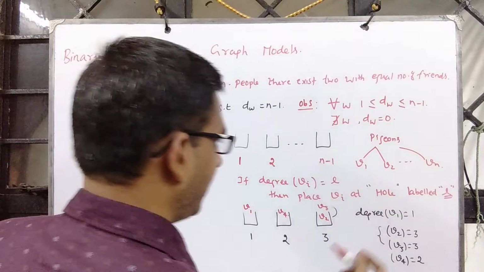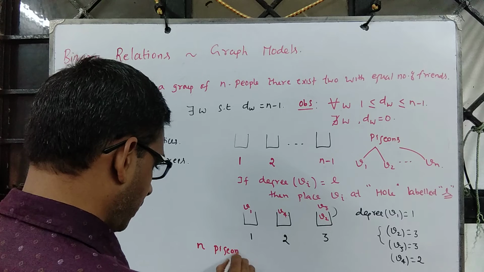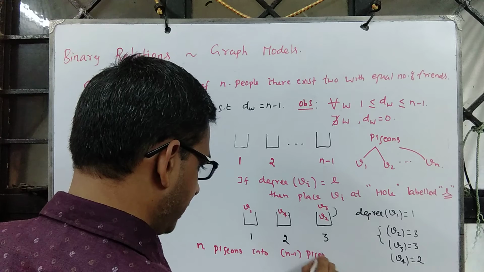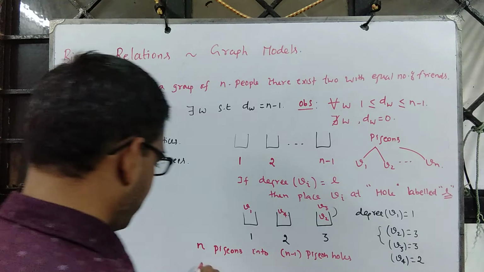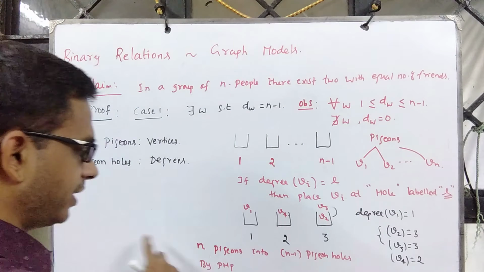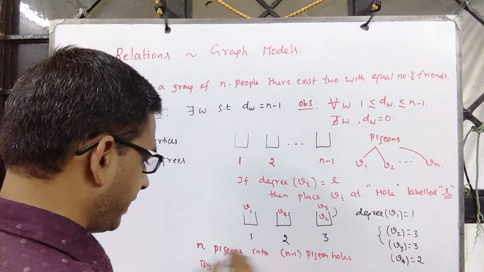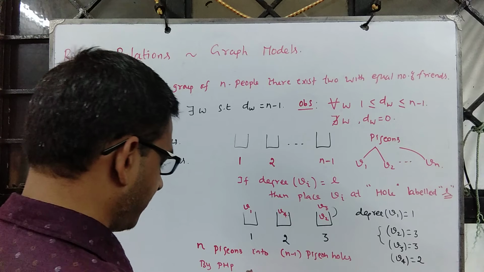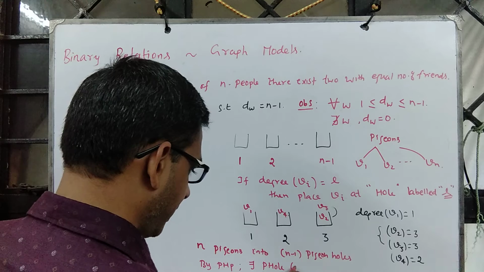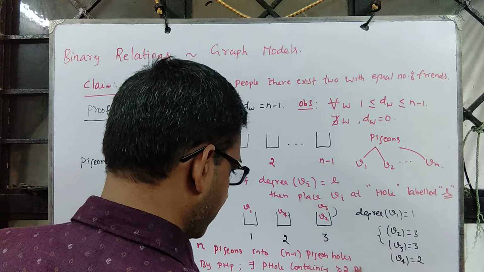So in general, n pigeons into n minus 1 pigeonholes by PHP. PHP says n plus 1 pigeons, n pigeonholes. So they differ by at least one, right? Now here it is n pigeons and n minus 1 pigeonholes. By PHP, there exists a pigeonhole containing at least 2 pigeons.